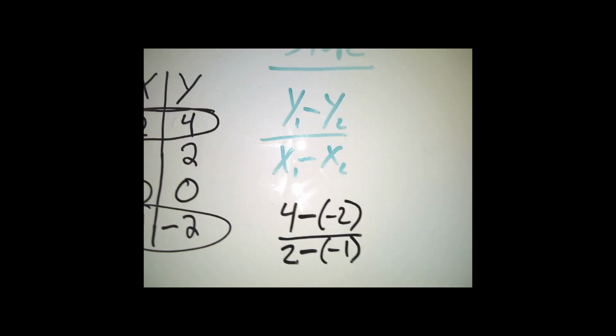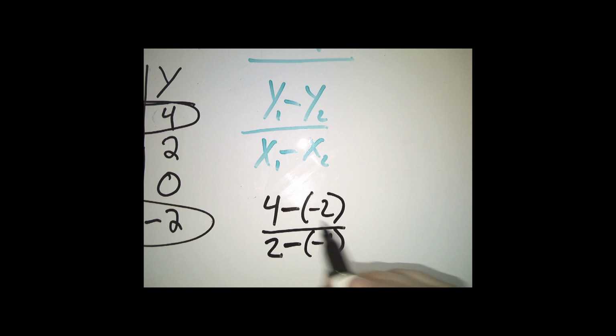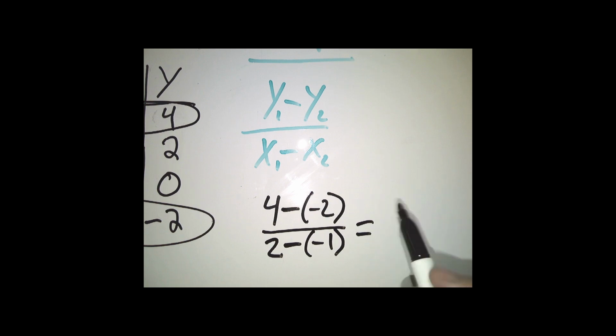Now, if you remember how to do this, when you are subtracting a negative, that's the same thing as adding. So, if we simplify this term, 4 minus negative 2 gives us 4 plus 2, which would be 6.